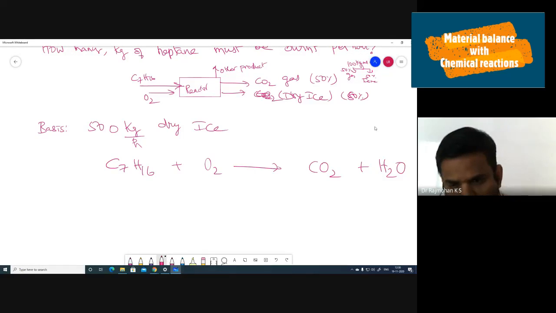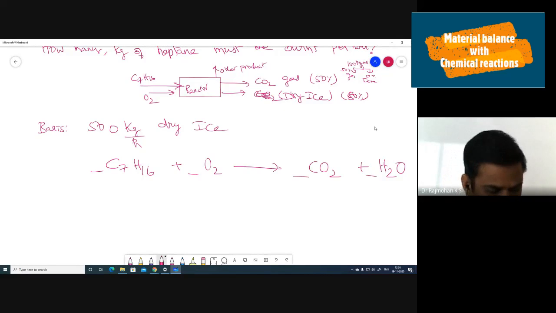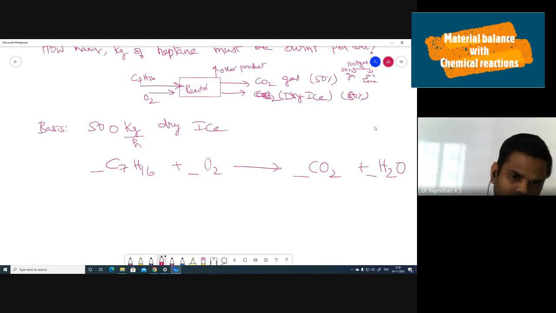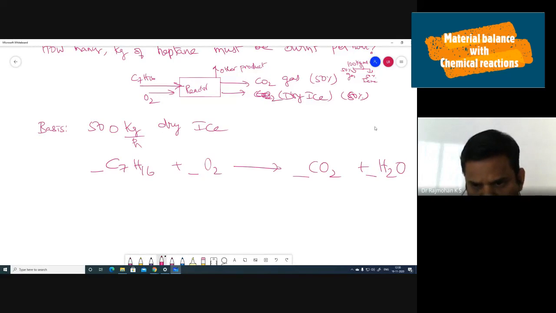Whatever the hydrocarbon, you can remember what the coefficients will be. Write the stoichiometric coefficients and balance it. Start with whichever is present at the minimum. Hydrogen is present minimum, so we can start with that. Hydrogen is 16 atoms here, so it should be 8 water on the right.